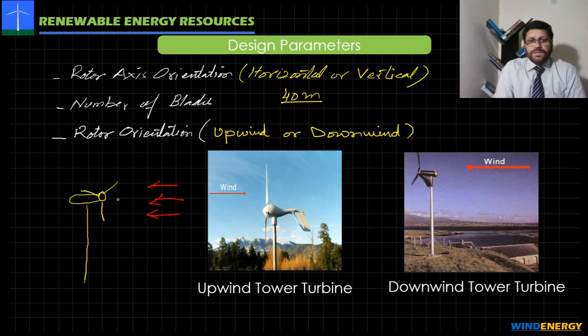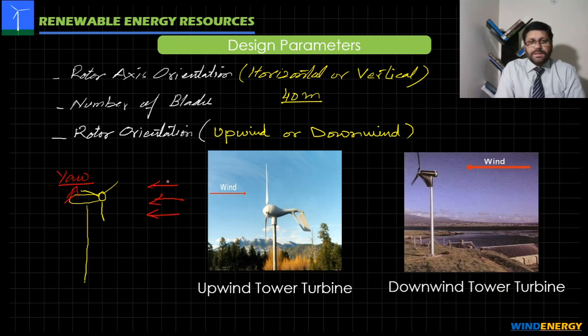Now the issue with this upwind wind turbine is that it has to be all the time facing towards the wind direction from which the wind is coming. So we need to have some mechanism, that is yaw mechanism, additional attached profile with the wind turbine for the direction keeping.